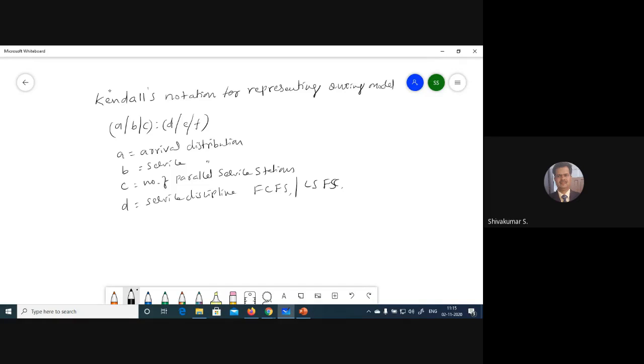E is the capacity of the system, the number of customers allowed in the system. And F is the calling source, where the people come from. That's all about how we represent queuing models. It's called Kendall's notation for representing the queuing model: A/B/C/D/E/F.